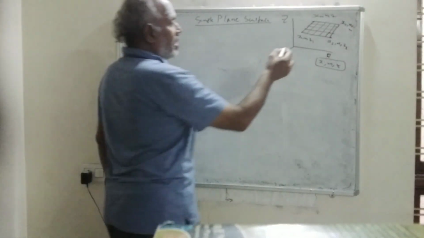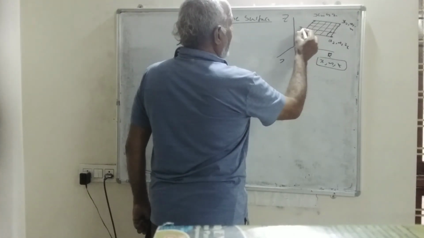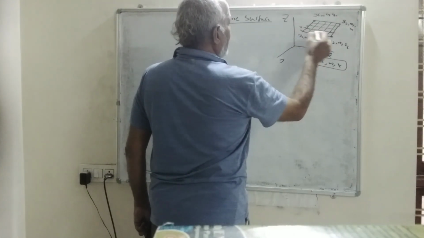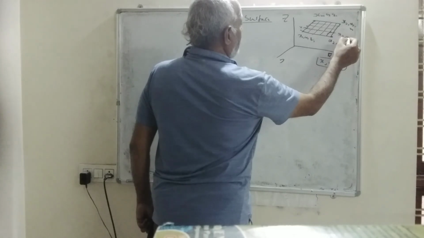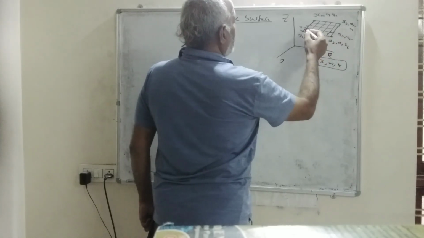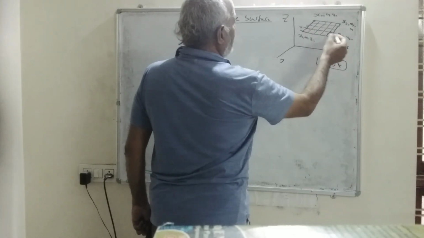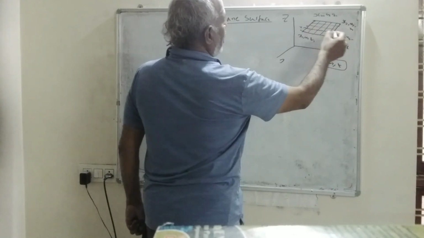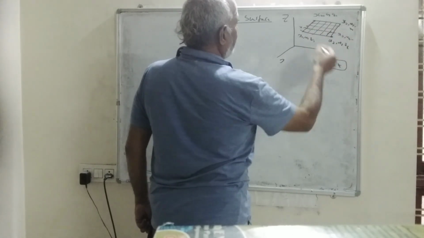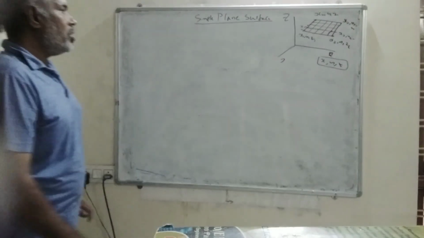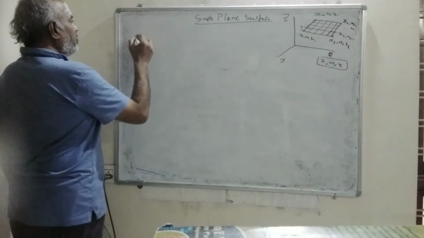So this is xa, ya, za, and this is xb, yb, zb. From these 2 points, you generate different coordinates so that you can find x, y, z for the entire plane.